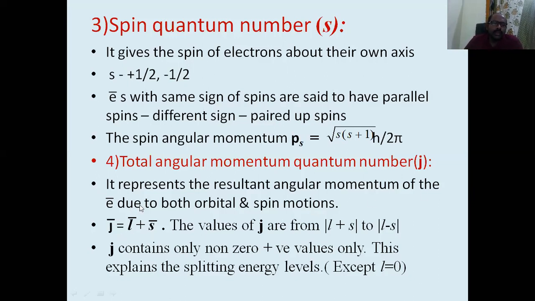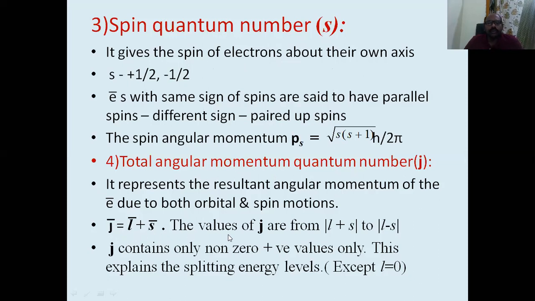If we see this, the angular momentum is a vector. The above two quantities can also be expressed as vectors. We have talked about magnitudes, and the total angular momentum vector is the vector sum of the orbital angular momentum vector and the spin angular momentum vector.